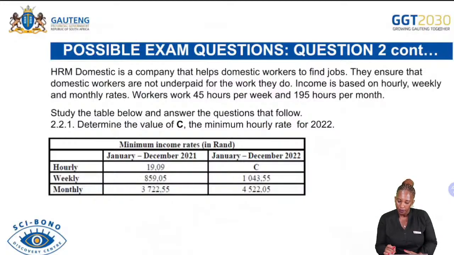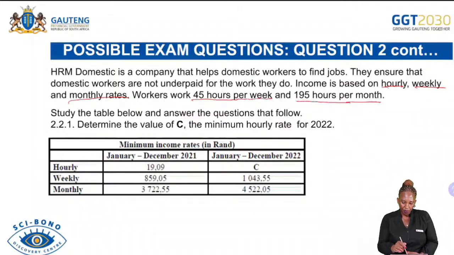Income is based on hourly, weekly, and monthly rates. Workers work for 45 hours per week and 195 hours per month. Study the table below to answer the questions that follow.